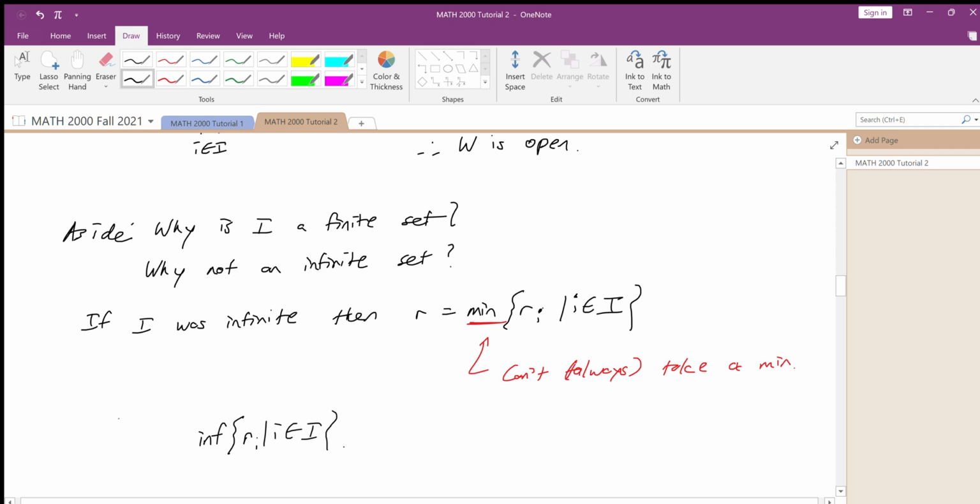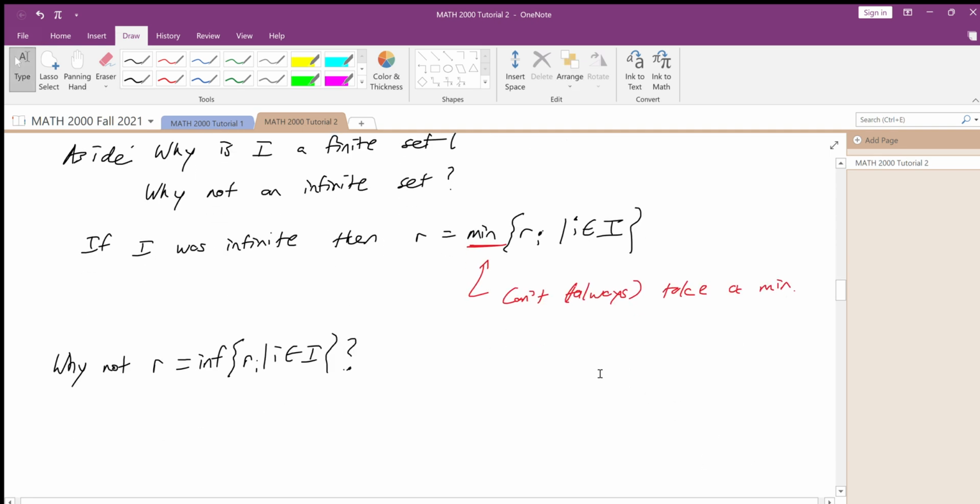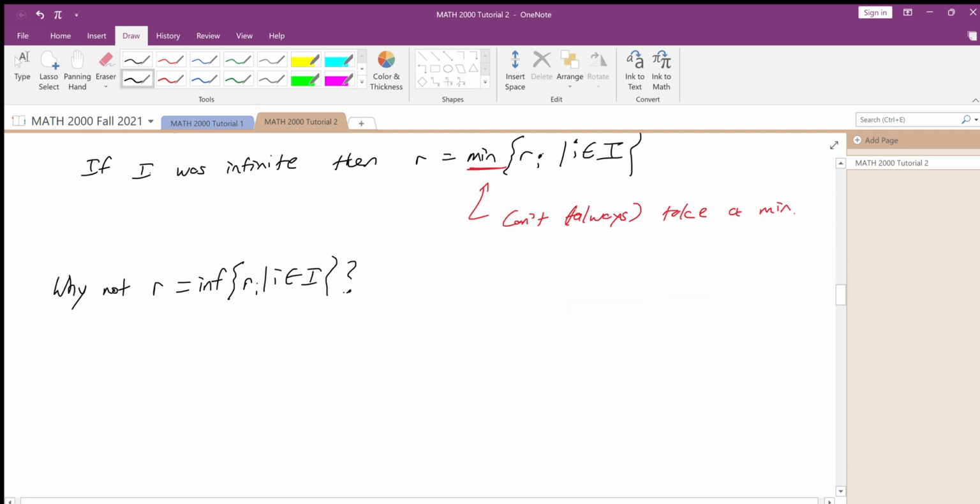So you might wonder, why not just define R to be the infimum? Well, this poses another problem, because how do you know the radius is still strictly greater than 0? For example, what happens if your Ri is equal to this and it's an infinite set and it just goes on forever?